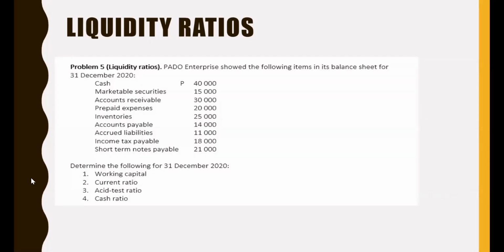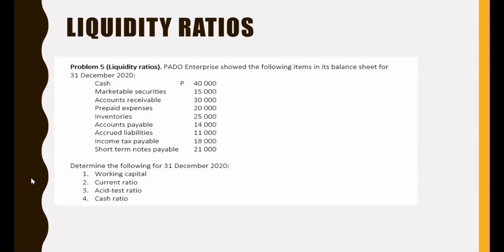Okay, so to illustrate, let's answer the following problem. Pado Enterprise showed the following items in its balance sheet for December 31, 2020. Determine the following: working capital, current ratio, acid test ratio, and cash ratio. Working capital is current assets less current liabilities, so we have to determine the current assets as well as the current liabilities.